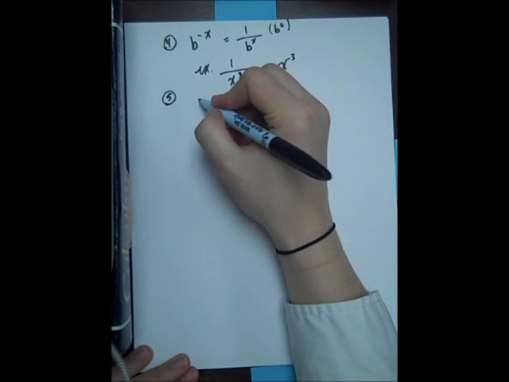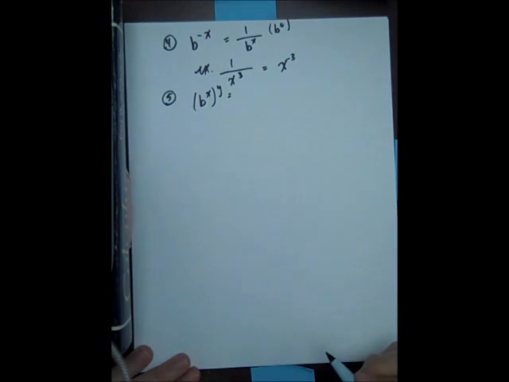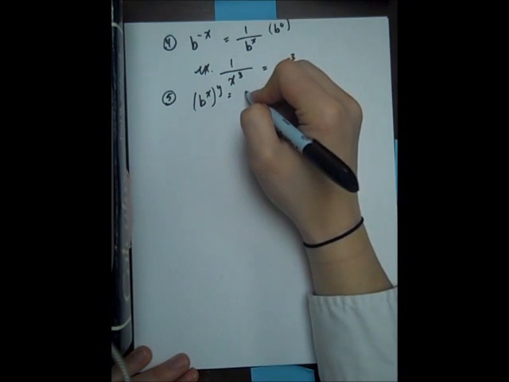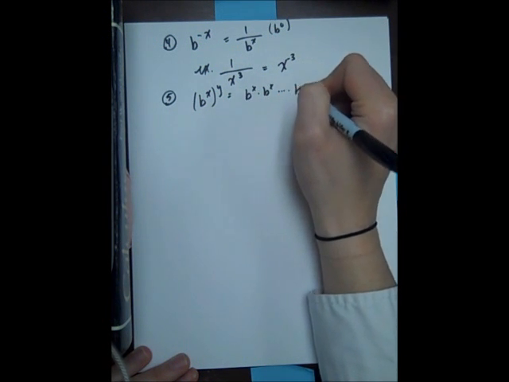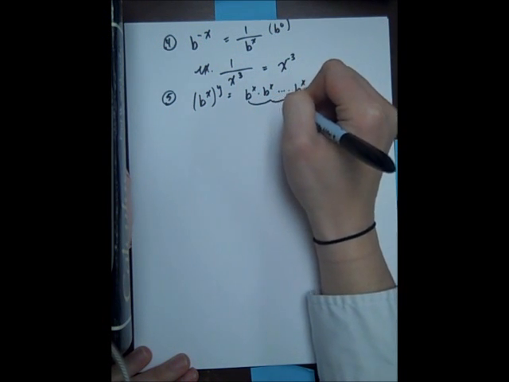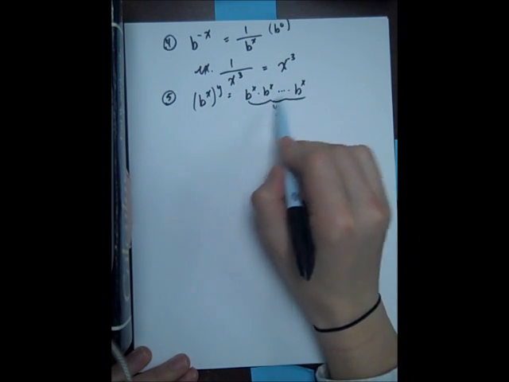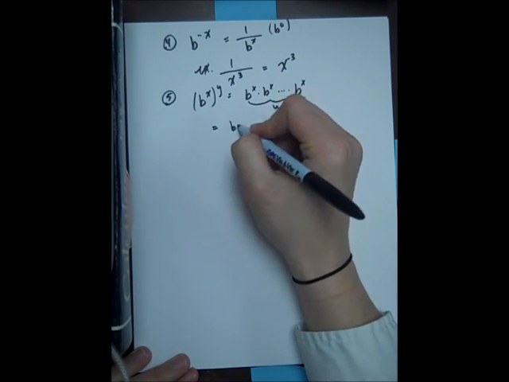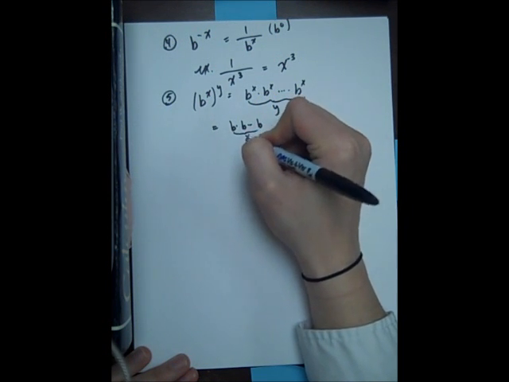Property 5, b to the x to the y. Well, let's write out what this is. This is b to the x times b to the x, y times. Because this is something to the y power, so that means multiply it by itself y times. Each of these b to the x's is b multiplied by itself x times.